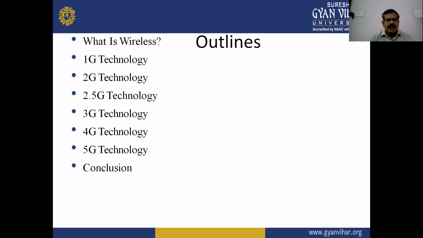So what is wireless, and in the wireless system, what is first G technology, second G technology, 2.5G technology, and 3G, 4G, 5G. We will discuss the different technologies of the wireless system.